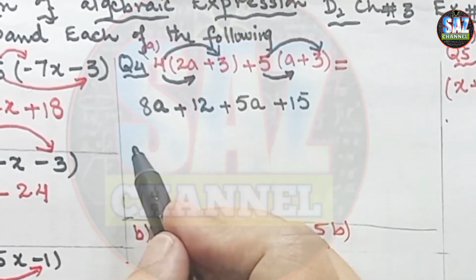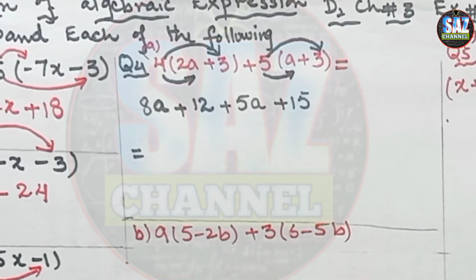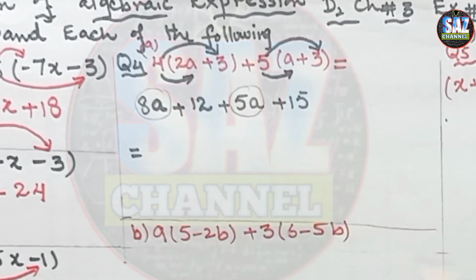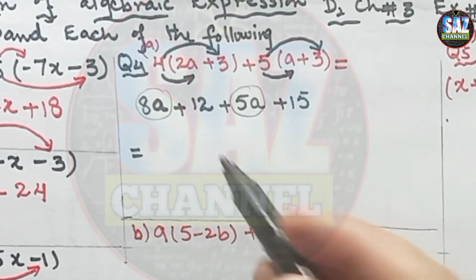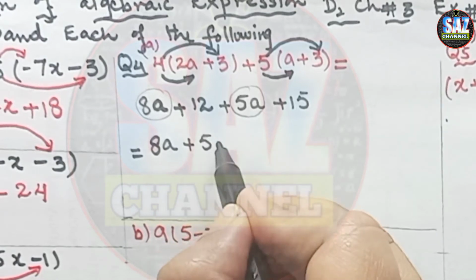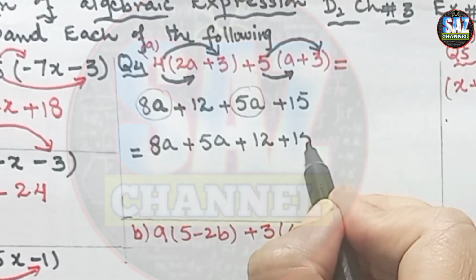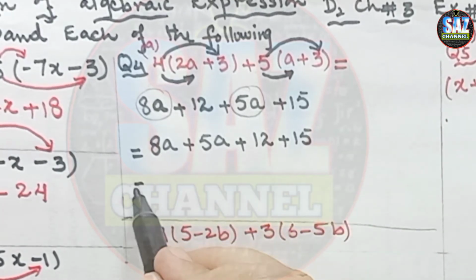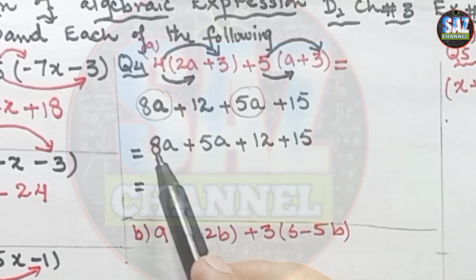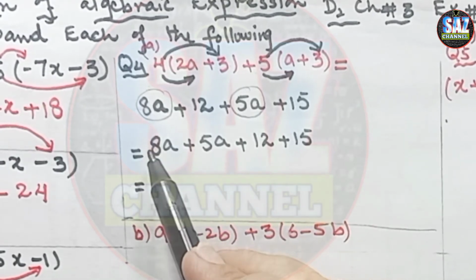Okay, now in order to simplify, we have to see that we have the like terms, like 8a and 5a. Like terms must be written closer to each other. 8a plus 5a and plus 12 plus 15, and now we have to solve this part according to the rules and the signs given in the question. 8a and 5a are like terms, and they have the positive sign as well.